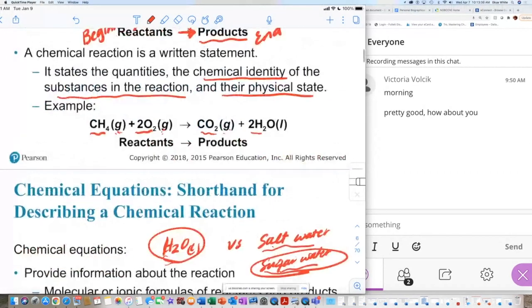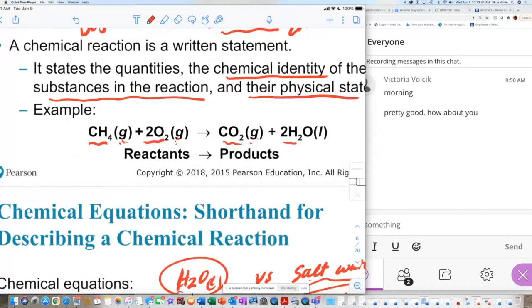So back here, is this equation balanced? Yeah, it's balanced. So this balanced equation gives us the relative amounts of the reactant required. I will focus only on the reactants right now because I don't really have a lot of writing space. Since there is no number before the formula, the 1 is implied.